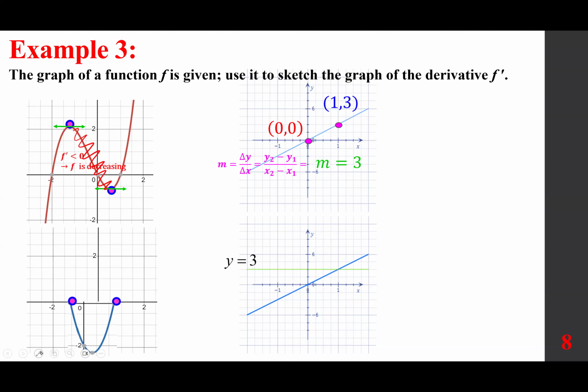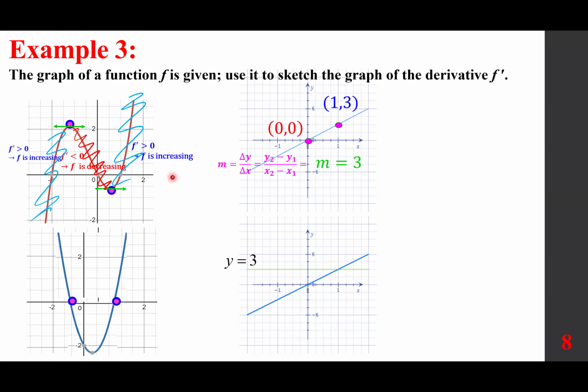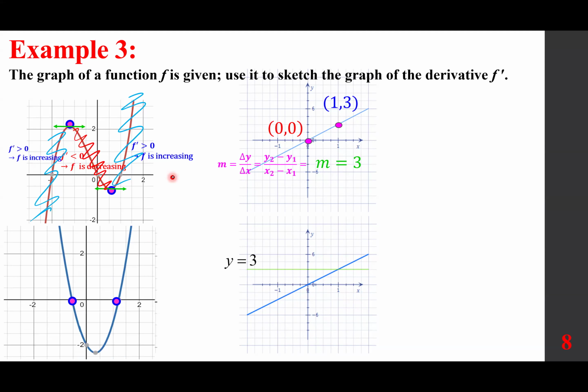The rest of it, this portion as well as this portion, the function is increasing. F prime must be positive, and therefore, this must be above the x-axis, giving you the following graph.